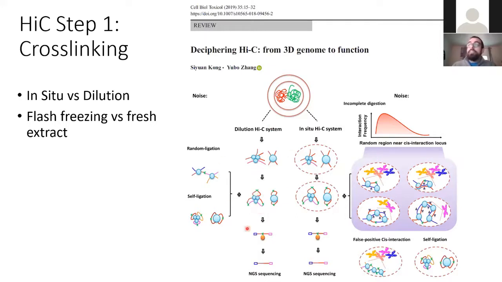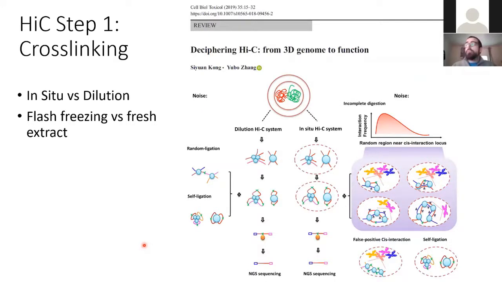However, if you do it this way, since all your DNA is floating around, you're going to have a lot of random ligation just because a part of your DNA just happens to be floating by the other part when you attach it. So if you do Hi-C like this, your background is going to be a lot higher.